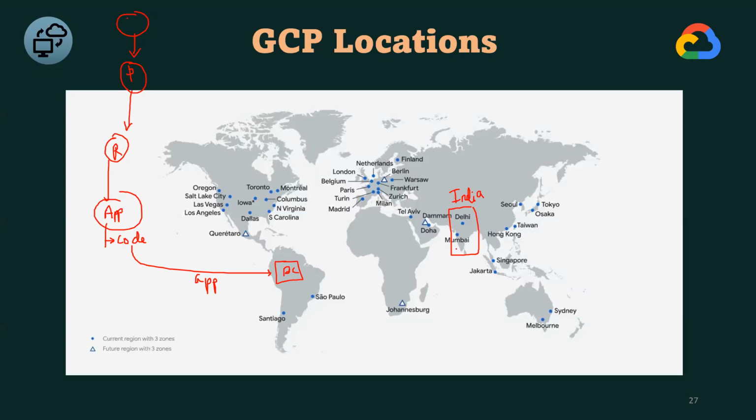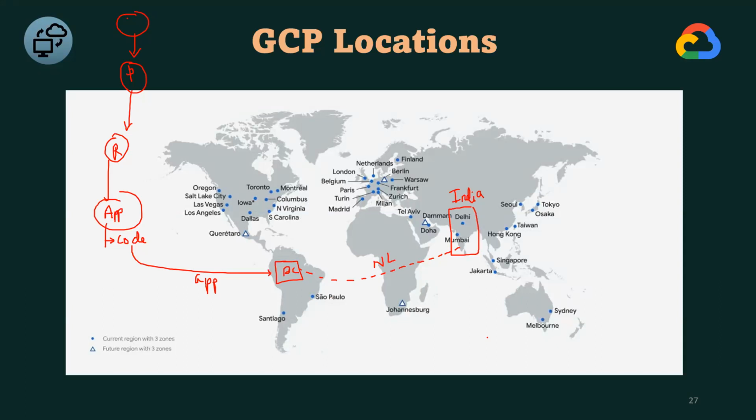If the users from India want to use it, they have to connect to your application all the way from India to this particular data center. Then they will be able to access your application. So what is the problem here, sir? There will be network latency. When there is latency, people don't want to use your application. Okay, so what is the problem here?